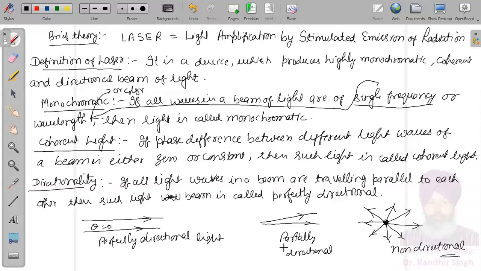Is it okay? So this is produced by ordinary light sources. This is produced by ideal laser, and this is produced by special optical devices.